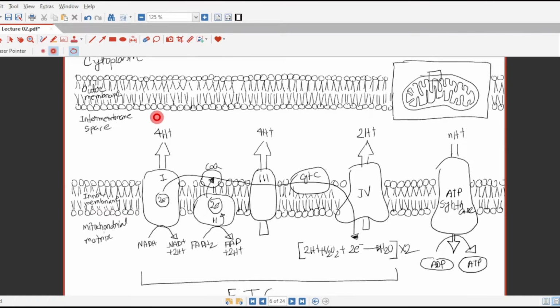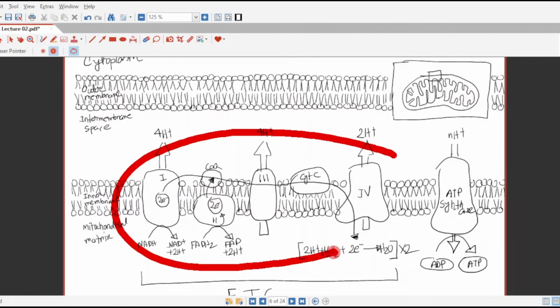Okay, let's take the laser pointer to explain. So this outer membrane and this inner membrane has intermembrane space. In the inner membrane, you see that we have some protein complex or enzyme complex, and there are 1, 2, 3, 4.